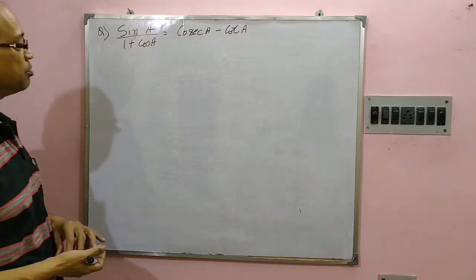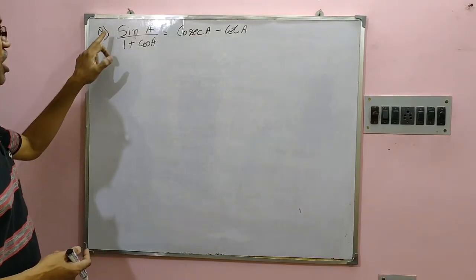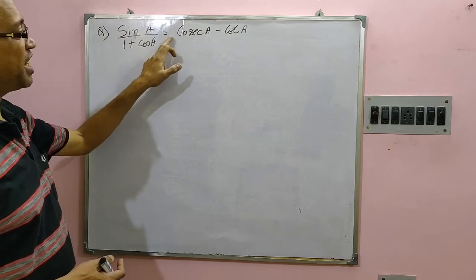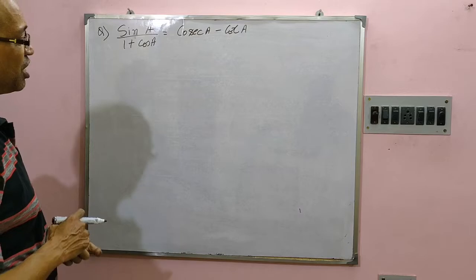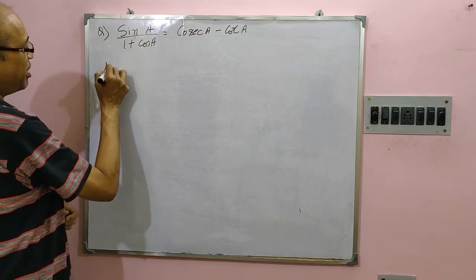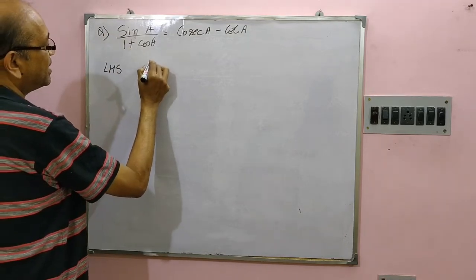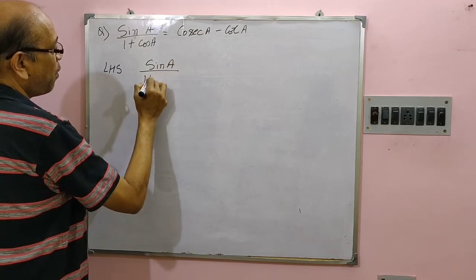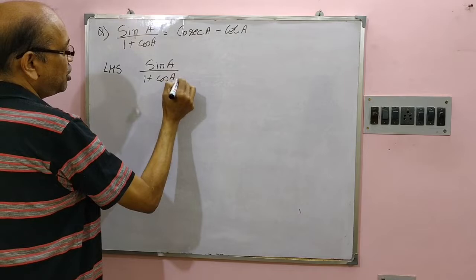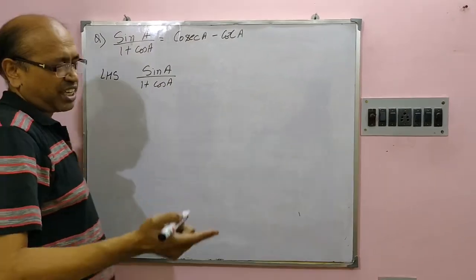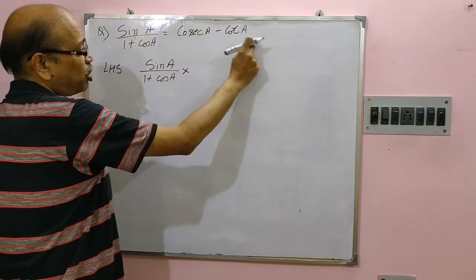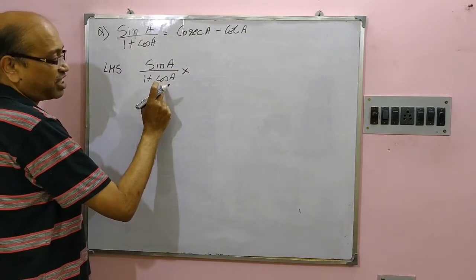Next question. Sin A whole divided by 1 plus cos A is cosecant A minus cot A. Yes, left hand side. Sin A by 1 plus cos A. In the earlier numericals, what we said, as there is no denominator here, so I have to rationalize this.